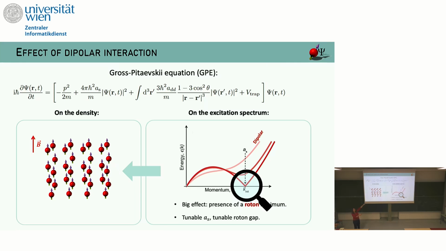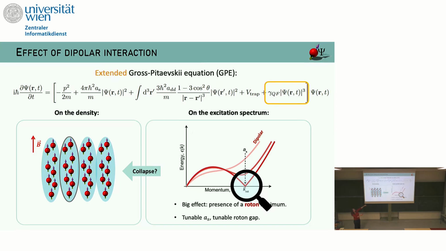The Gross-Pitaevskii equation in this form cannot describe the physical observation anymore, because it will always predict a collapse. That's why you need to introduce quantum fluctuations in the form of this extended Lee-Huang-Yang interaction. And from this you get that quantum fluctuations stabilize a supersolid phase of matter.